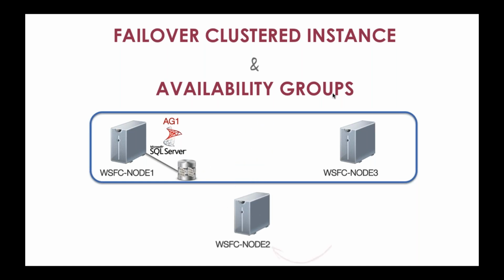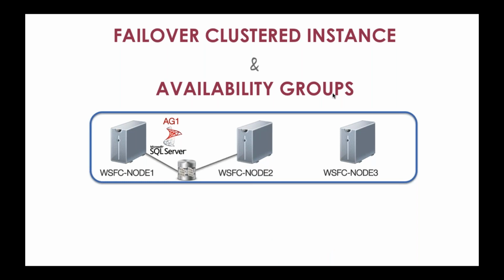In this case, I will have to remove node 2 from the possible owners list of the failover clustered instance, not the availability group, but the failover clustered instance, which means I will have to go into Failover Cluster Manager or run PowerShell to remove node 2 from the possible owners list, and then I go ahead and upgrade. Once it's upgraded, I add it back to the possible owners list again of the failover clustered instance.